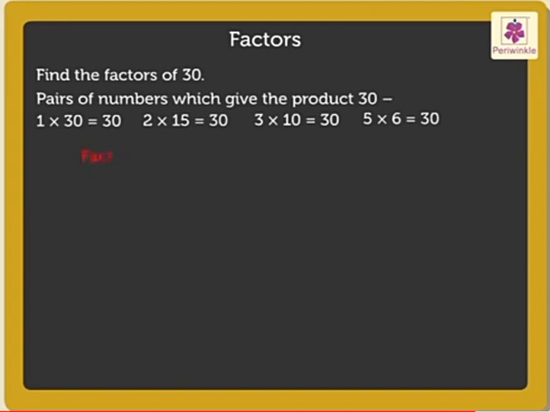Thus, the factors of 30 are 1, 2, 3, 5, 6, 10, 15 and 30.